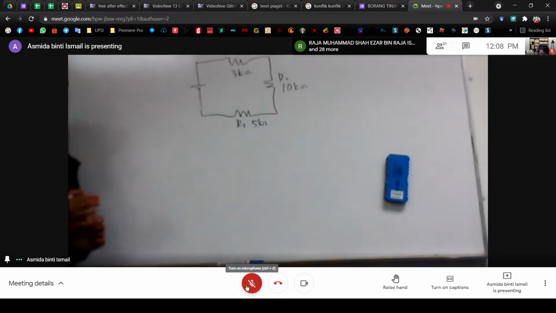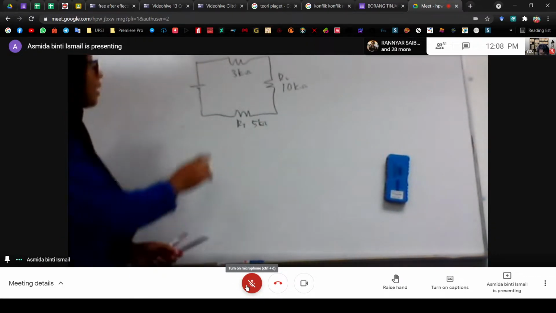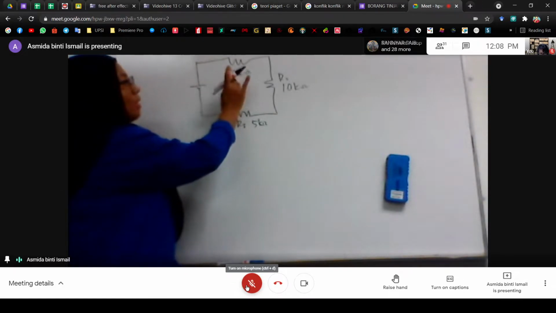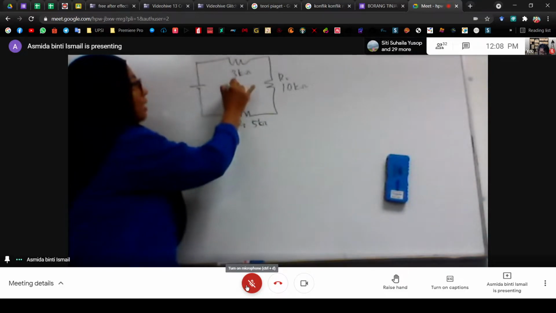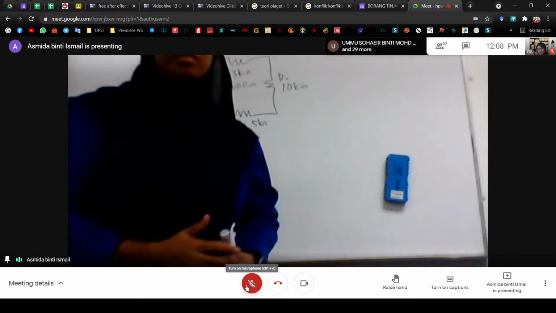Okay. So kilo ohm ni, this kilo ohm means that this value of resistance is equal to 3,000 ohm. Okay, 3,000 ohm.